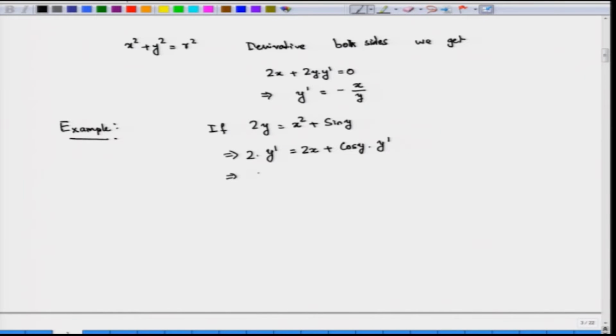So, y prime times (2 minus cos y) is equal to 2x. This implies that y prime is equal to 2x by (2 minus cos y). This can never be 0 for x not equal to 0, whatever the value y takes, since cos y is going to be between minus 1 and 1. So, this is the so-called implicit differentiation.